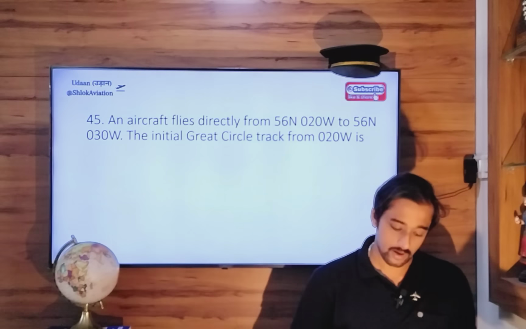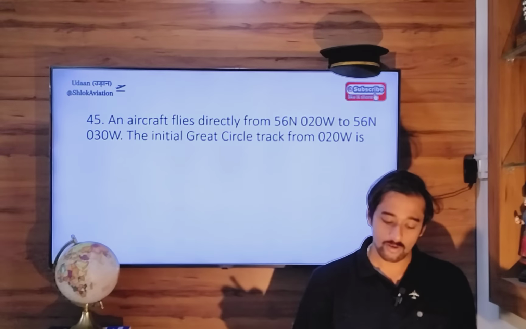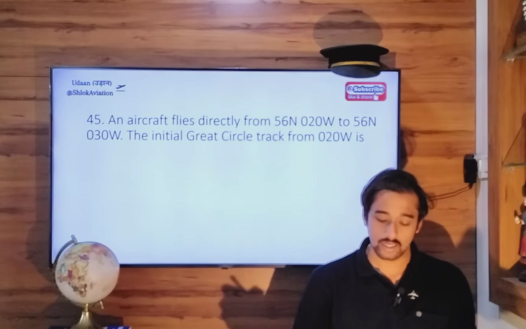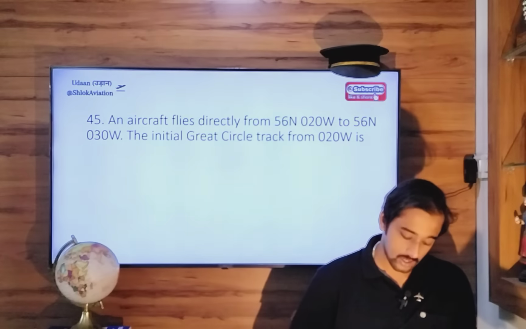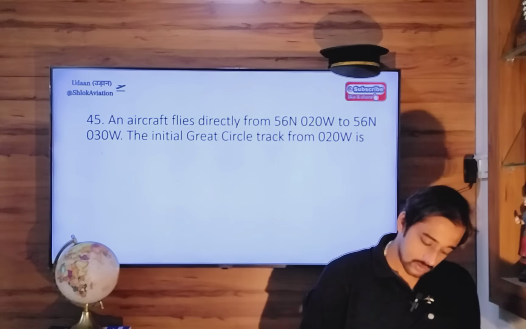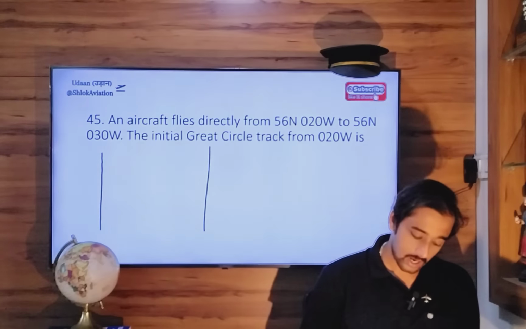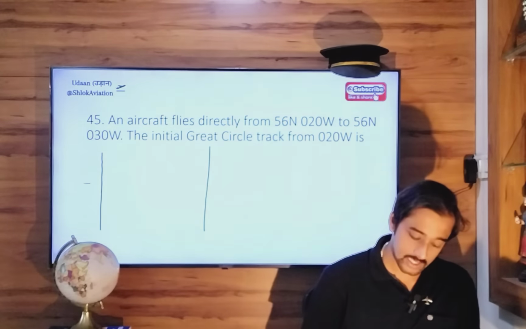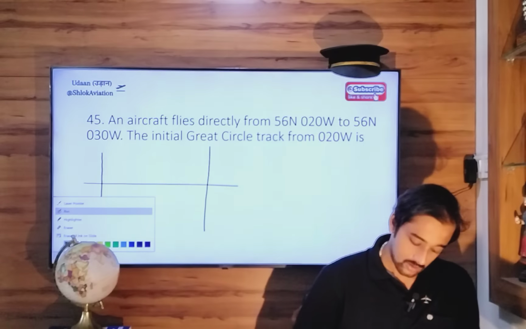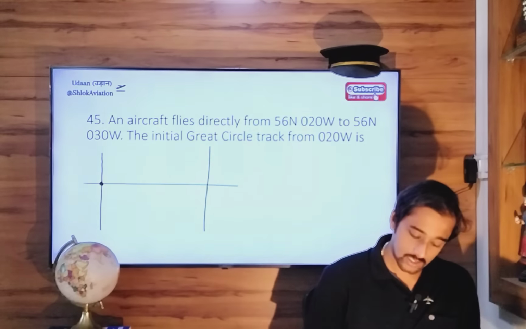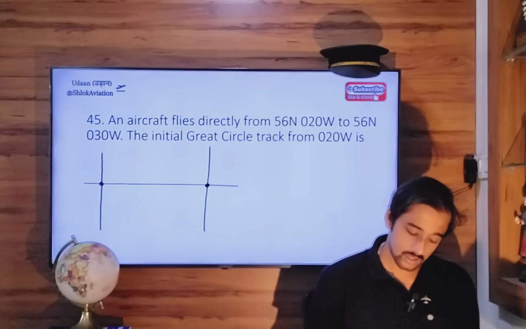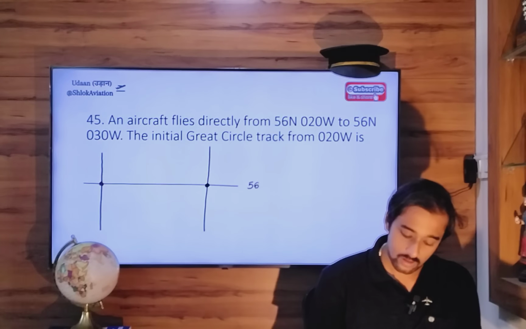Next, question 45. Aircraft flies directly from 56 north 20 west to 56 north 30 west. So this is one longitude, this is another longitude. Both locations are on the same latitude, that is 56 north.